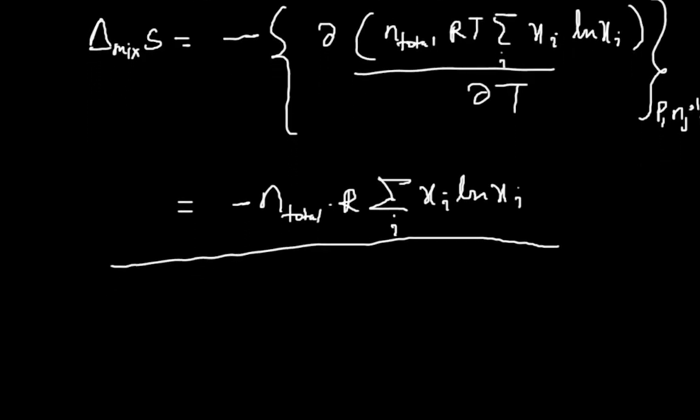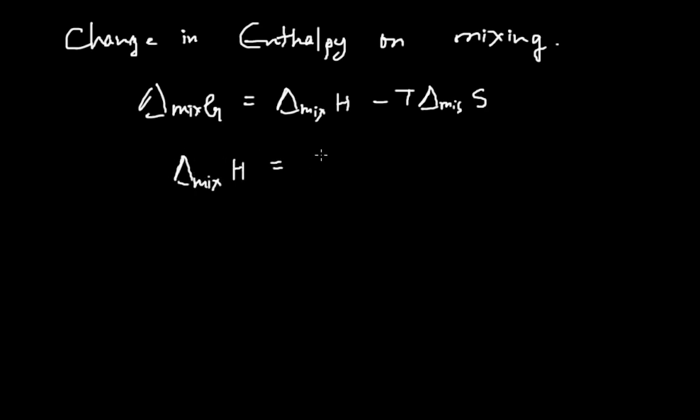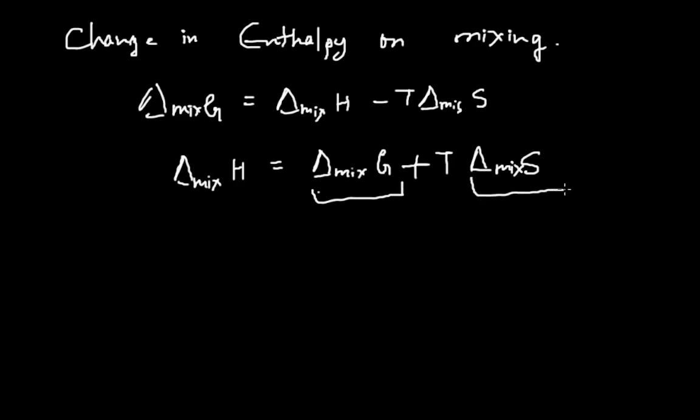Let us go to the change in enthalpy on mixing. We know that delta mix G is equal to delta mix H minus T delta mix S. So delta mix H will be equal to delta mix G plus T times delta mix S. Now if you substitute the values of delta mix G and delta mix S from above, you will end up getting delta mix H as 0.